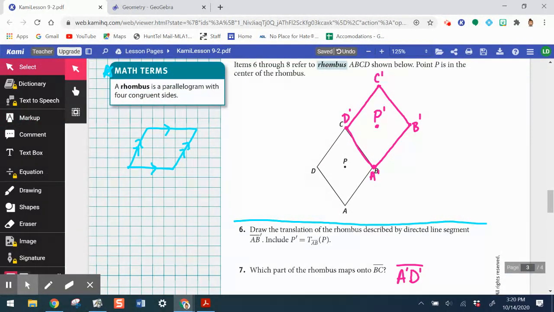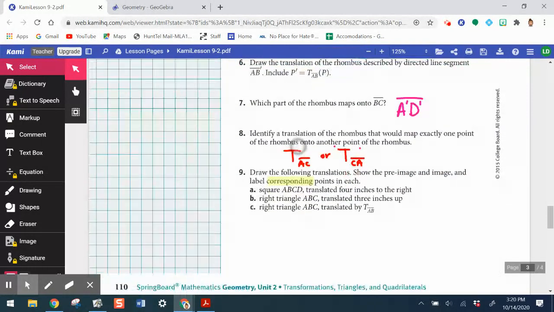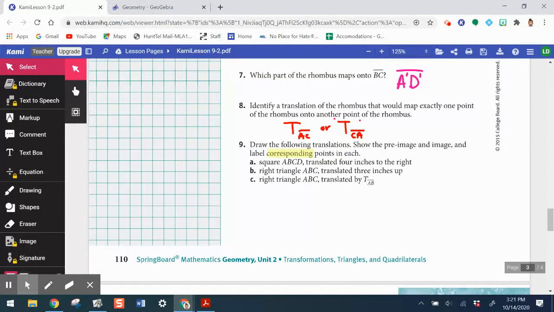Corresponding points are such that D corresponds to D prime. Essentially, where does that point end up after the transformation? So A and A prime are corresponding points, P and P prime are corresponding points, and so forth. It says, draw the following translations, show the pre-image and image, and label corresponding points in each.